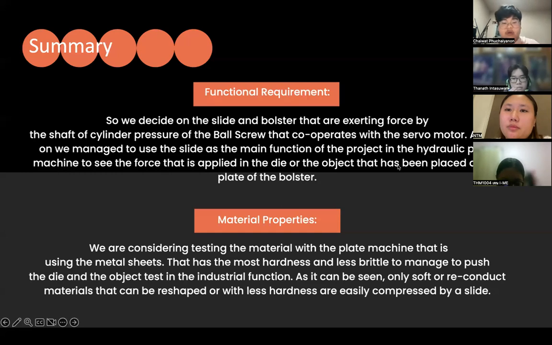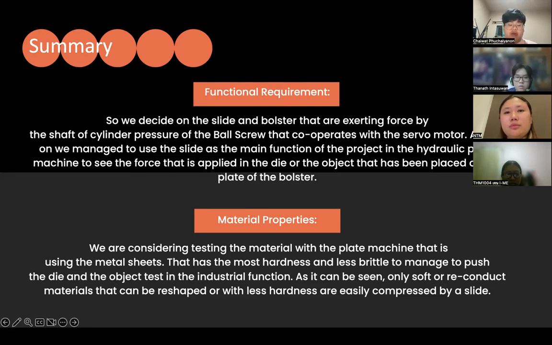As a summary of the functional requirements, we decided on the slide as the bolster that exerts force by the shaft of the cylinder pressure of the ball screw cooperating with the servo motor. So we managed to use the slide as the main function of the project, and in the hydraulic press we can see the force applied on the die or object placed on the bolster.